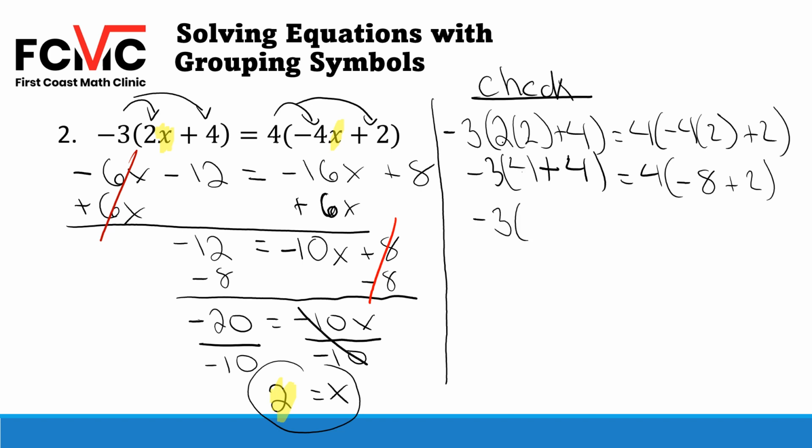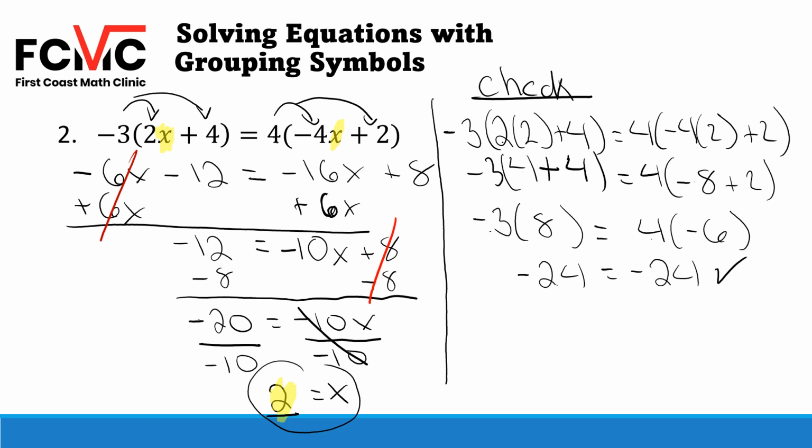I've got 4 plus 4, which is 8, and then negative 3 times 8, which is negative 24. On the right side, I've got negative 8 plus 2, which is negative 6, and then 4 times negative 6, which again gives me negative 24. So on the left and the right side, I get negative 24 equals negative 24. So my answer 2 checks.